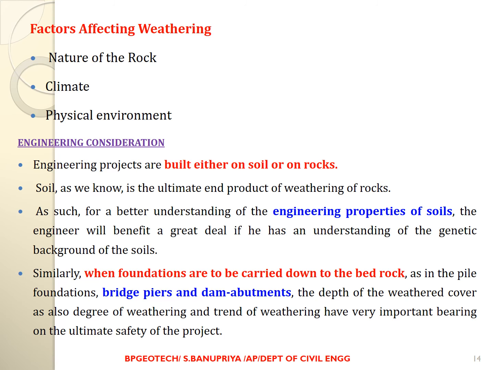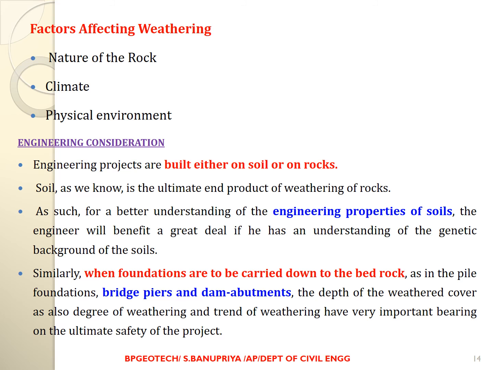So we always have to look for the presence of weathering in the rock. If weathering is present, we have to check which type it is, whether physical, chemical or biological, and study the case in detail before going for the construction.